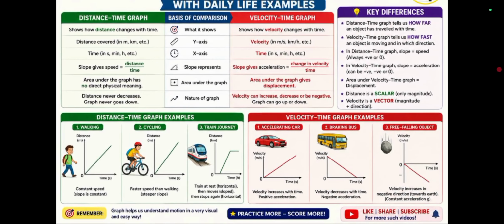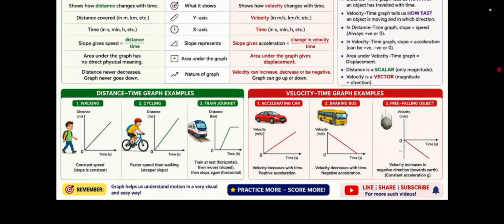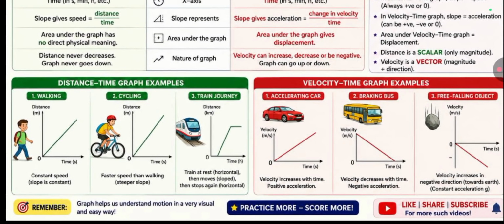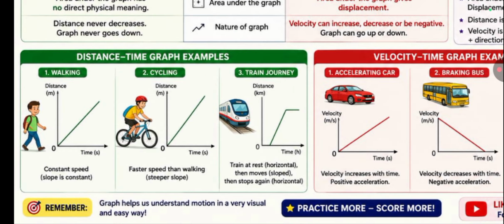Now we have to give some daily life examples. Here are distance time graph examples. Example, walking at constant speed. If we walk at constant speed, then the slope is constant. It is seen in the figure.